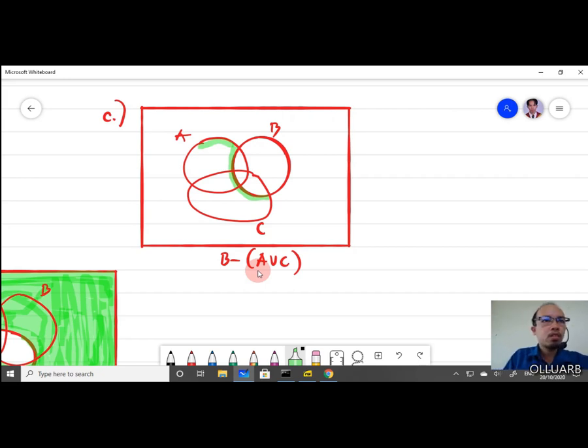This one here. The shaded region of this problem.